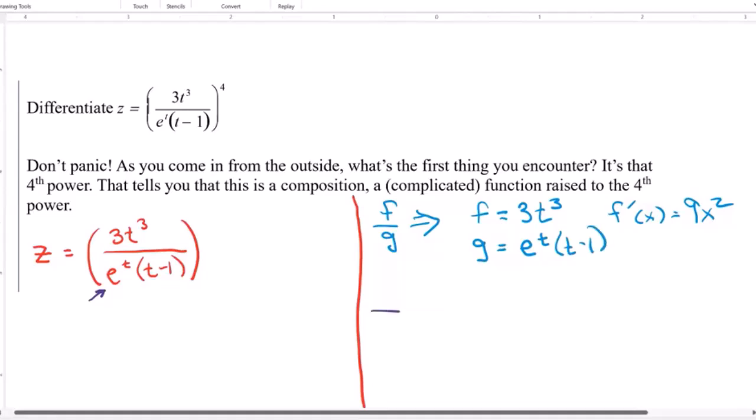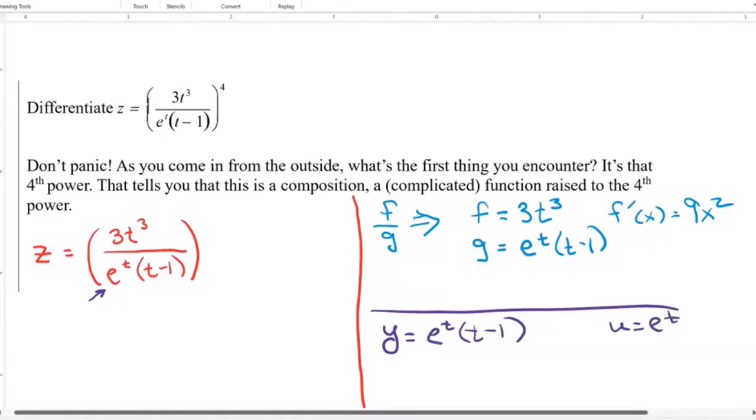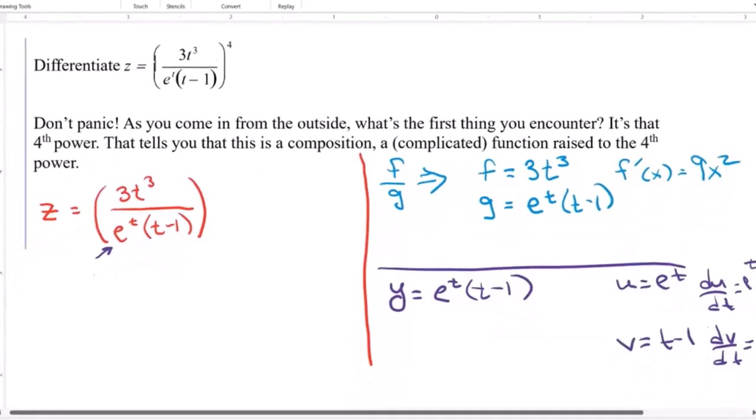So let's step down here and say, for my product rule, we have y equals e to the t times t minus 1. I'm going to set u equal to e to the t, which gives me du dt equal to e to the t. And I'm going to say v equals t minus 1. So dv dt is just going to equal 1. So no worries.